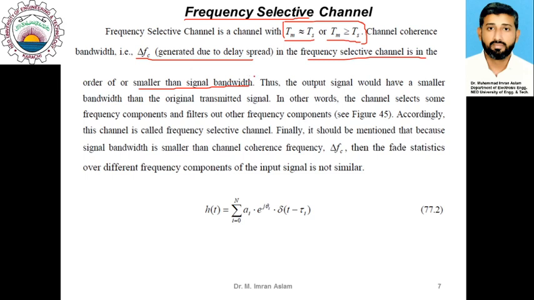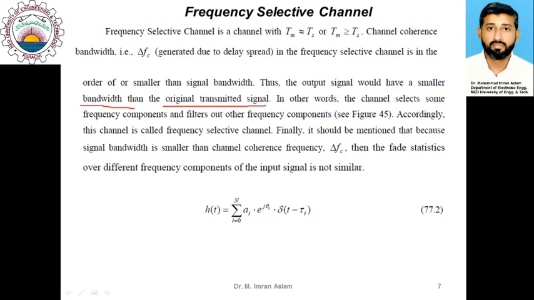So let us go back to the mathematical form. In this particular case, the output signal would have smaller bandwidth compared to the original transmitted signal, because the channel has truncated the bandwidth and limited it to the coherence frequencies of the channel.